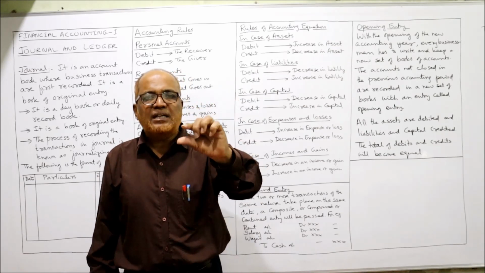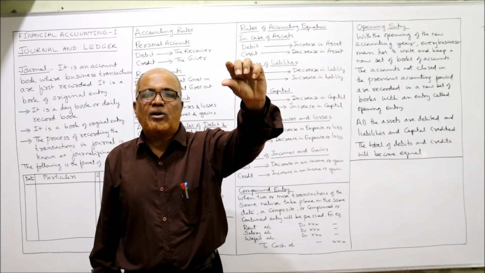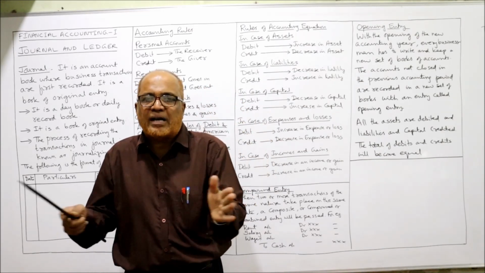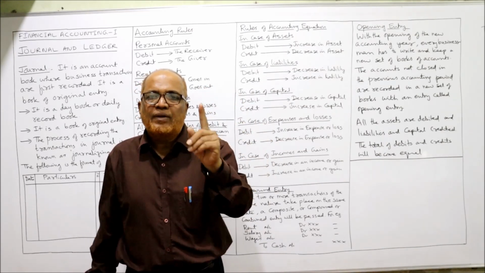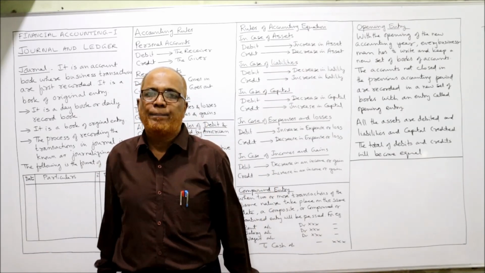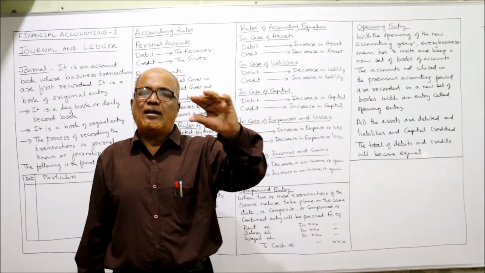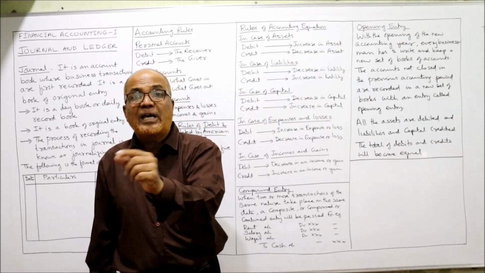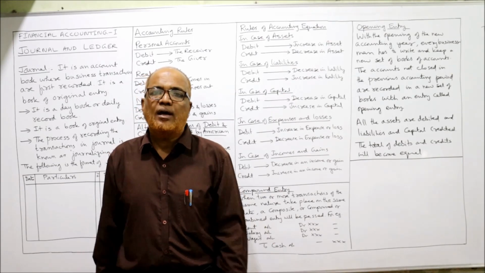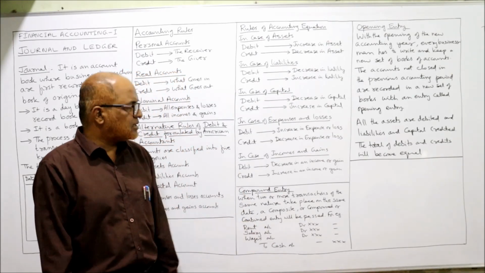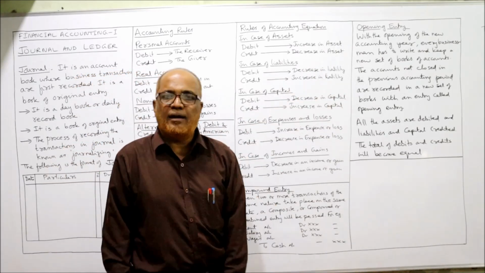Instead of passing 3 different entries for payment of salary, rent and wages, we can pass only 1 combined entry. The combined entry is: salary account debit, wages account debit, rent account debit, to cash. This is called a compound entry or composite entry. That's it.